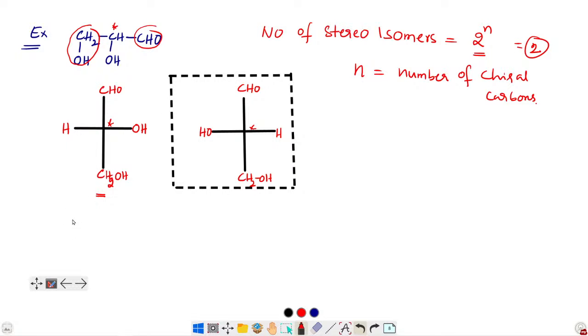One is the dextro compound, as we discussed, and the other one is said to be the levo compound. Dextro and levo. Right?